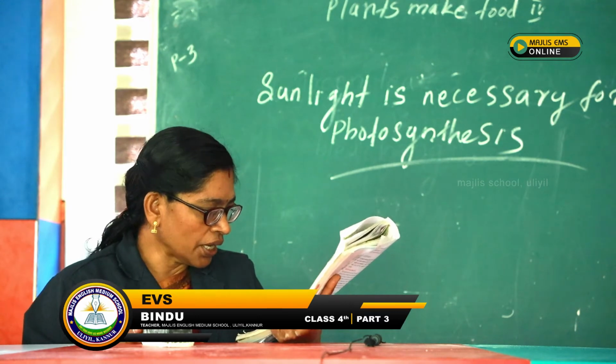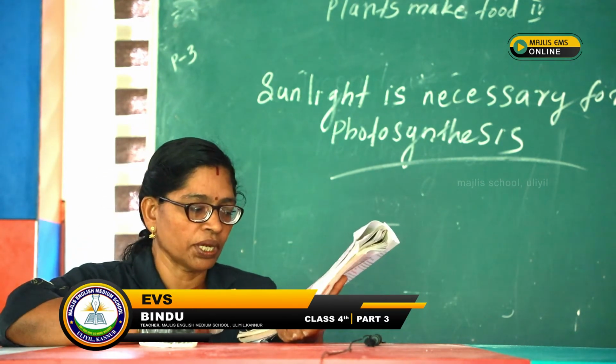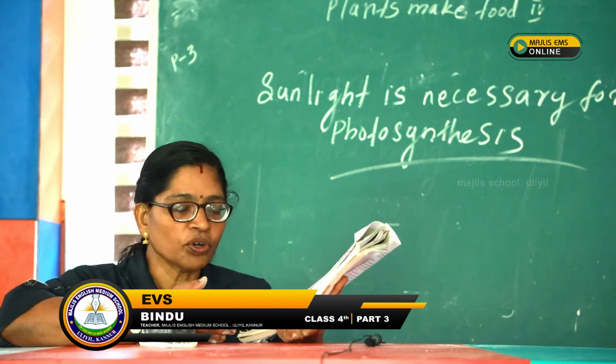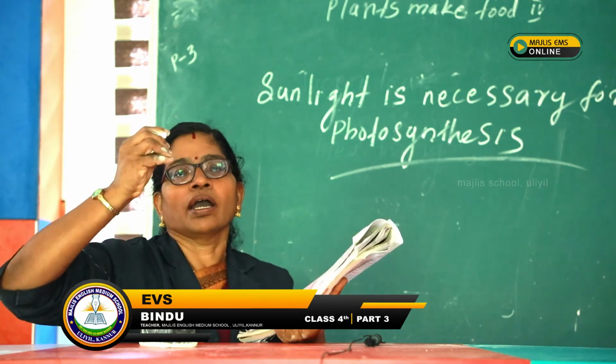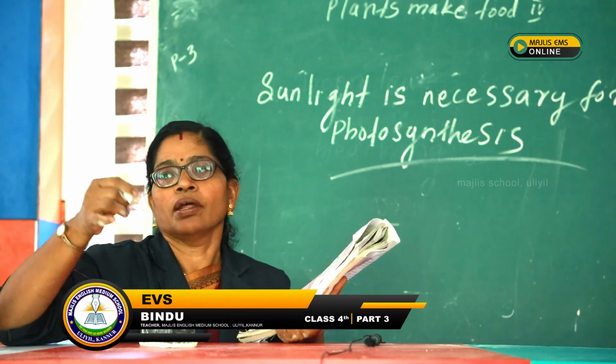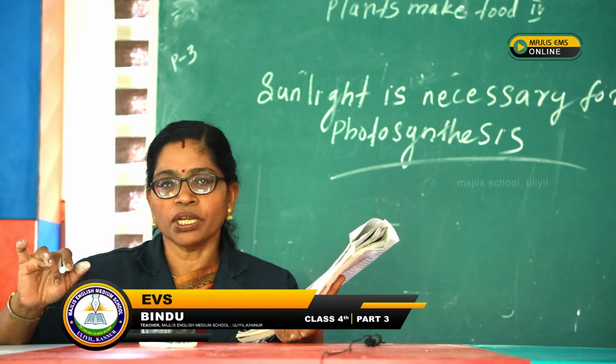Here you take a healthy potted plant and keep it in a dark room for 14 hours.